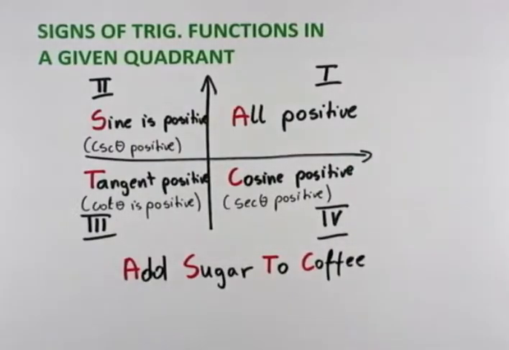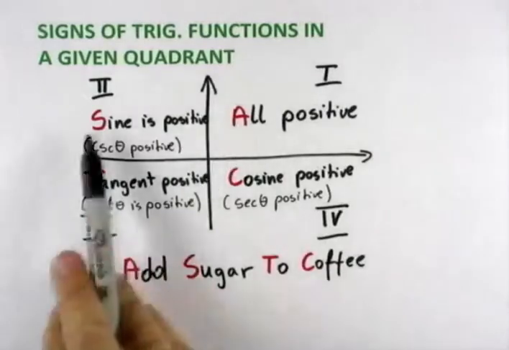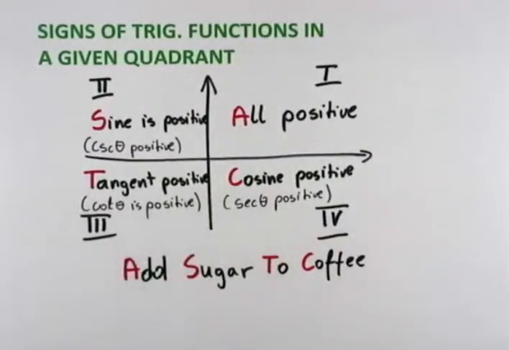Or you can say All Students Take Calculus, and there are other ones. You can just make up your own story to remember this. For me, the easier one is Add Sugar To Coffee, and that gives me the signs of the trigonometric functions. And we do use them very, very often.